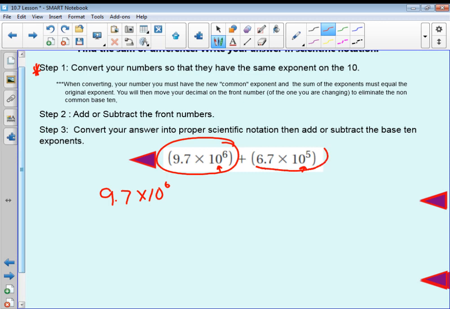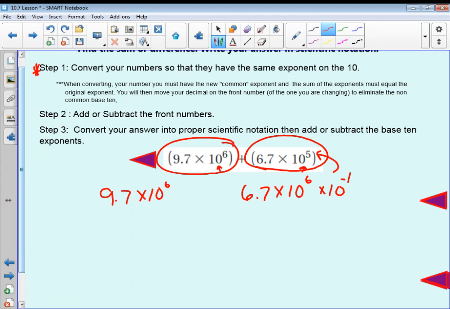I need to rewrite this so that it's got 6.7 times 10 to the 6, but I have to really have another times 10 to get it to equal 5. So let's see, I would have to do 6 minus 1, so I'm going to do a -1 to get 5, right? 6 minus 1 would give me that exponent of a 5.